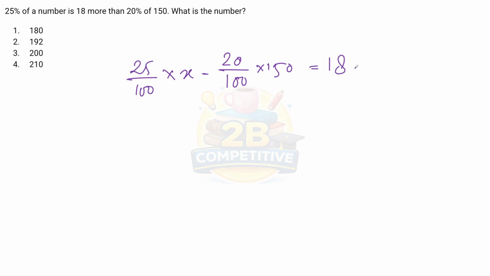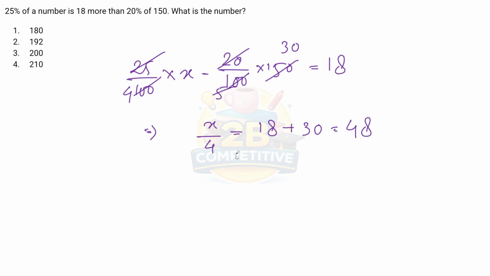So this will be the equation. So there is 4, there is 5, and so this is x by 4 minus 30 equals to 18 plus 30, that will be 48. So x will be 48 into 4, that will be 192. So that is the answer, that is option number 2.